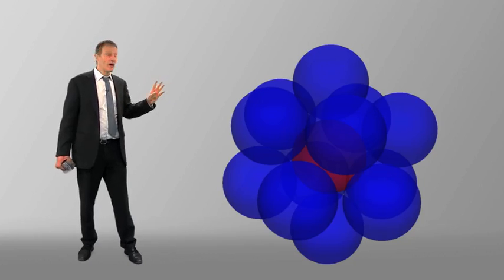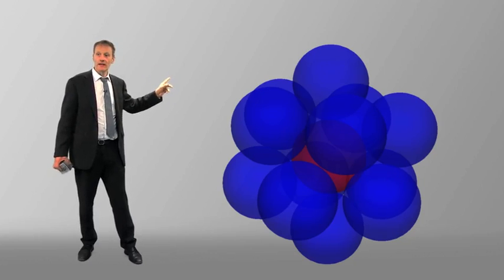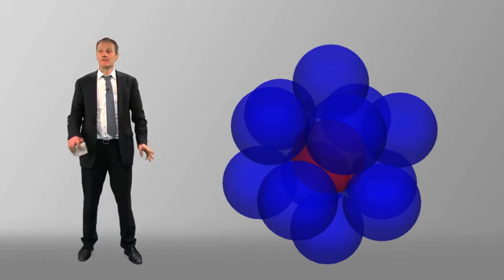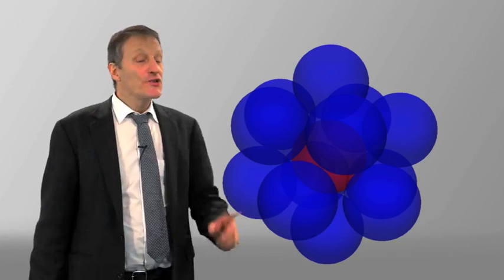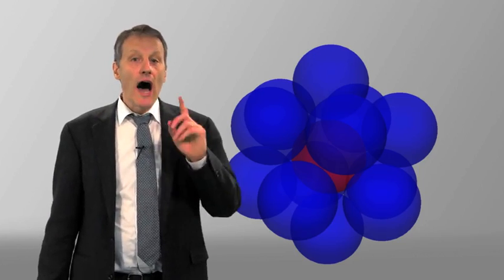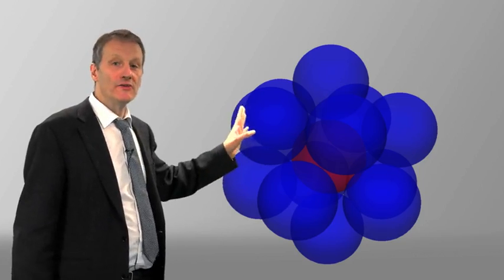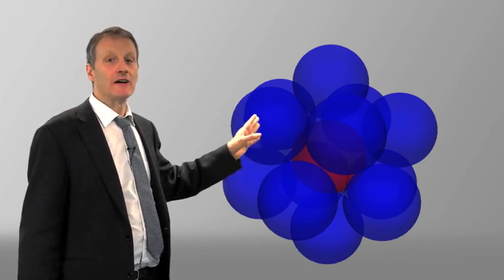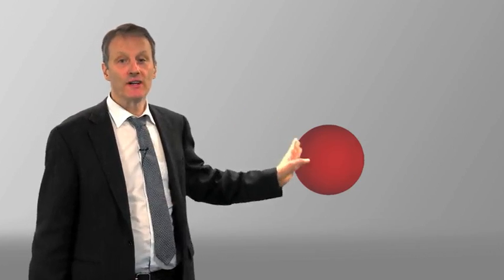All of the blue ones touch the red one, but none of the blue ones overlap with each other. So the question is, how many of the blue unit spheres can we place around the red unit sphere?